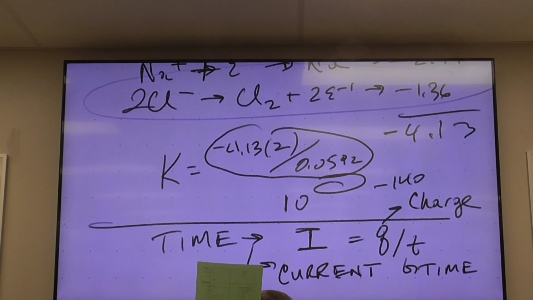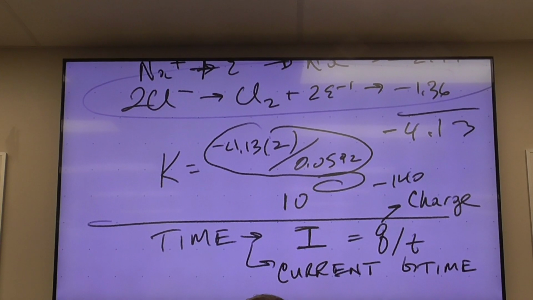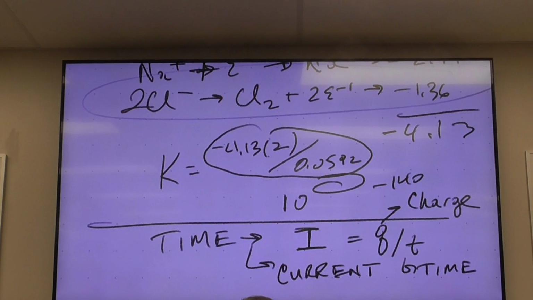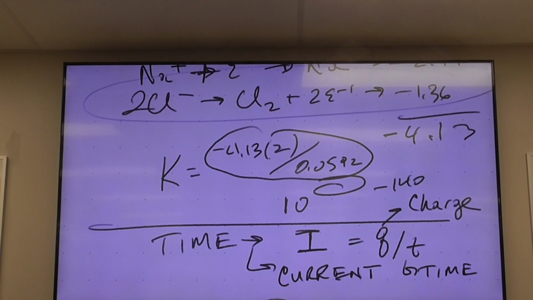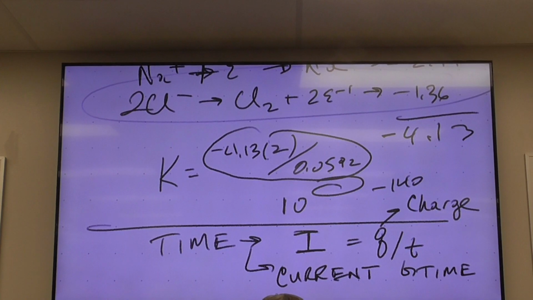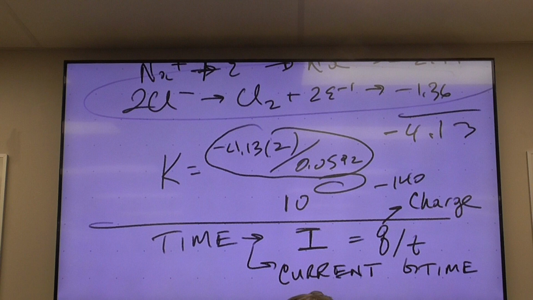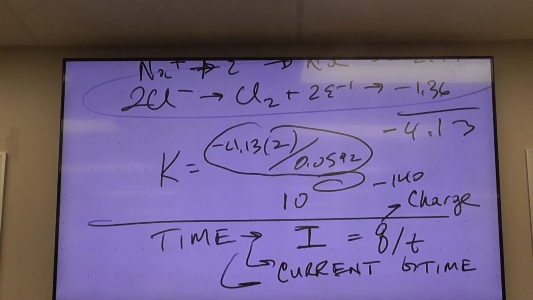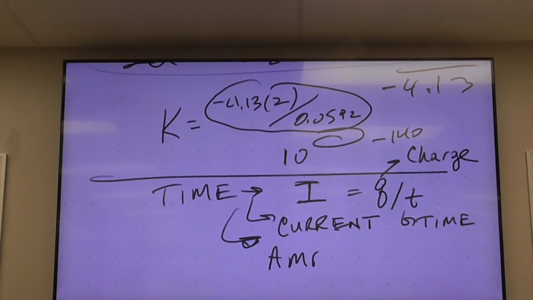Okay, so right here on this green sheet, you have this handy, it's on your chemistry equation sheet. E equals M over V. You have I equals Q over T. Current is measured in a unit called amps.